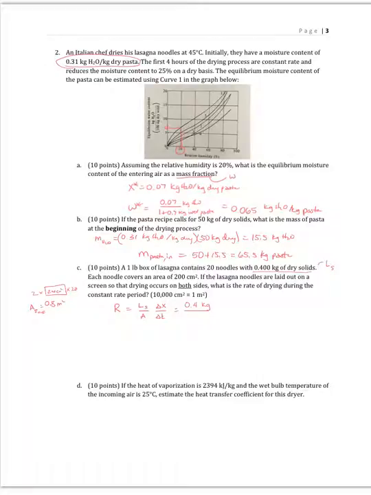The surface area is 0.8 meters squared. Delta X, well, I can only apply this to the constant rate period. So during the constant rate period, it starts at 0.31 kilograms of water per kilogram of dry pasta, and it ends at 0.25 kilograms of water per kilogram dry pasta.